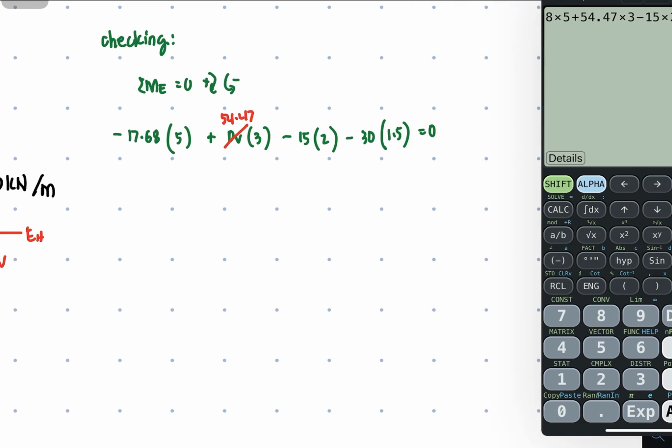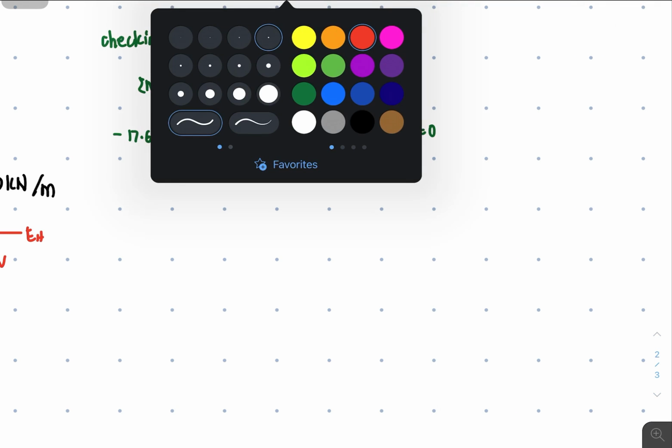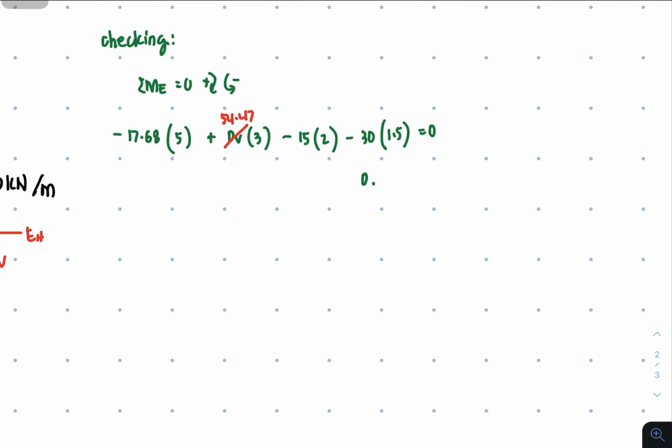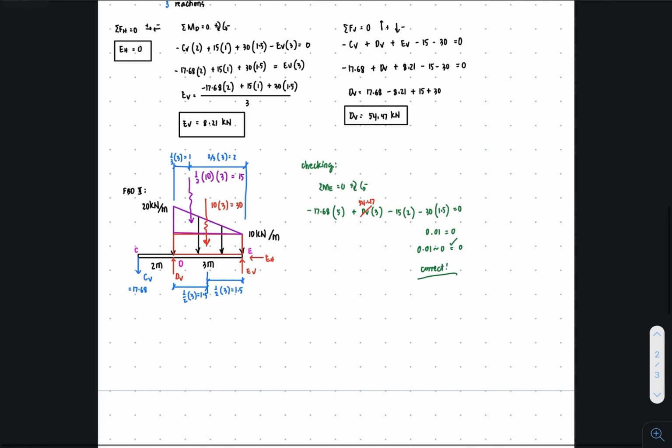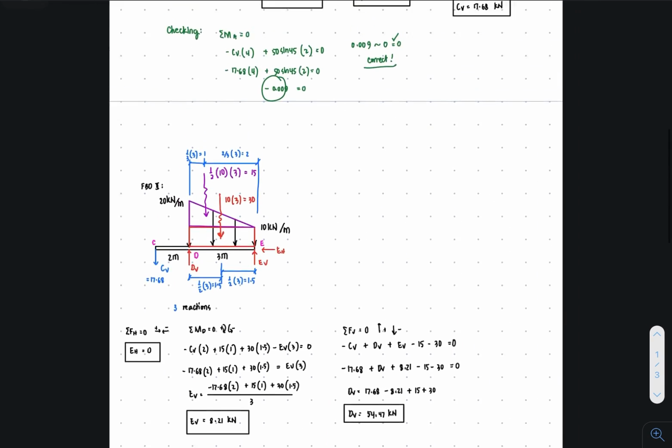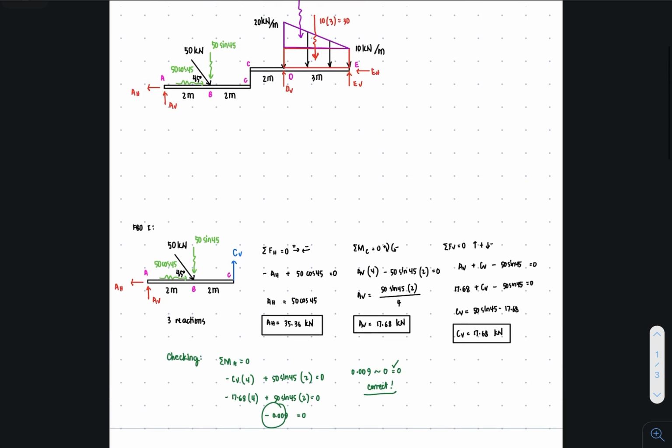So the answer is 0.01. So our answer here is 0.01, and that's approximately 0, which is equal to 0. So this is correct. Okay, so this is our example.